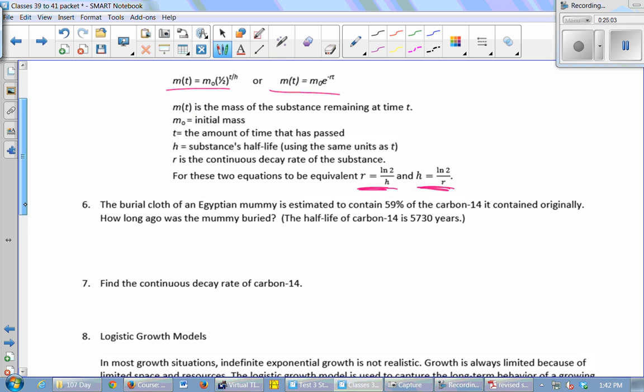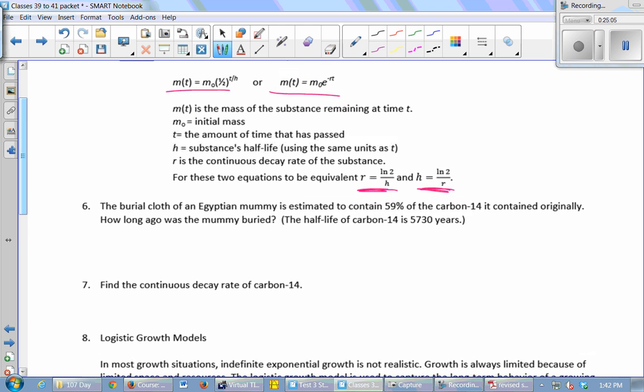All right, so let's do an example. We have the burial cloth of an Egyptian mummy. It's estimated to contain 59% of the carbon-14 it contained originally. So this is a common method of dating things that are really old. It's called carbon-14 dating. Organic material contains a certain amount of carbon-14, a radioactive version of carbon.